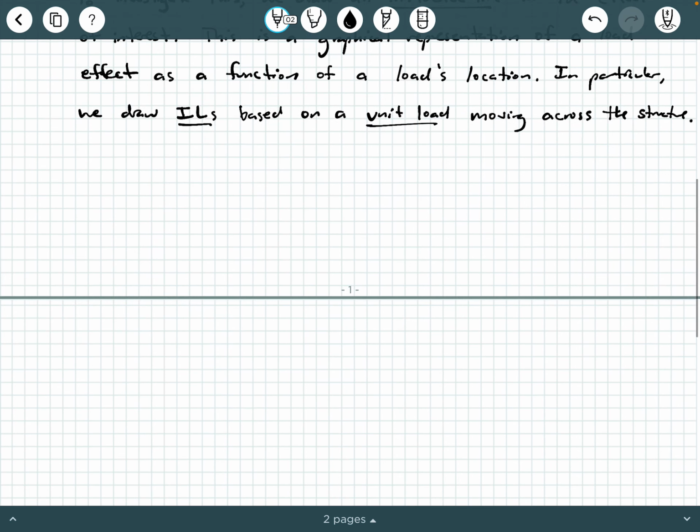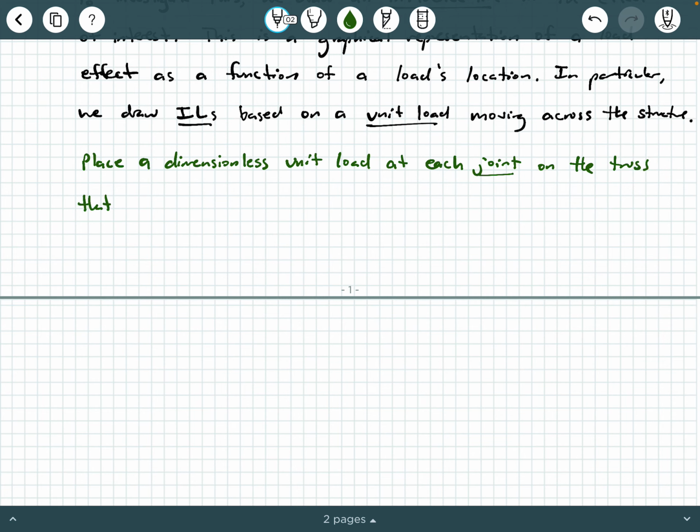And so how do we do this? Again, let's change colors. We're going to say place a dimensionless unit load at each joint on the truss that the real load is expected to be, okay?